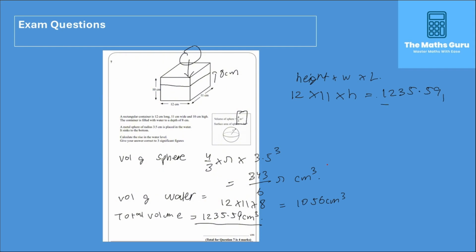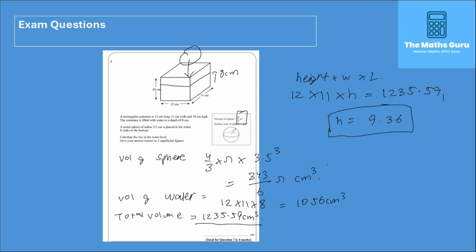So our h, putting this on our calculator, is 1235.59 divided by 12 times 11, which is going to give us a height of 9.36, and this is our new height where the water rises to after the sphere has been put in.